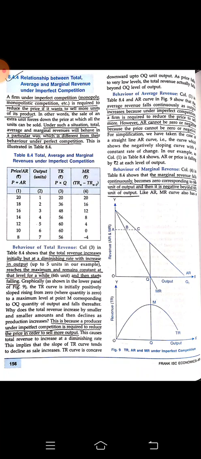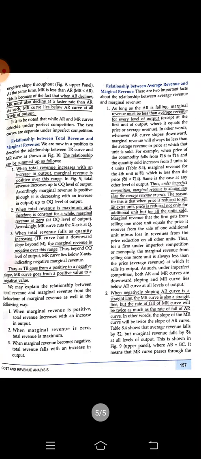What is the relationship between TR and MR? Okay, the relationship we can sum up by the following points. Point number 1, when total revenue increases with an increase in output, marginal revenue is positive over this range. Point number 2, when total revenue is maximum and therefore is constant for a while, marginal revenue is 0.